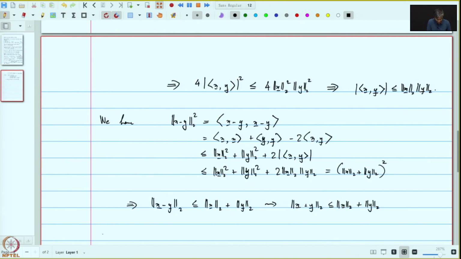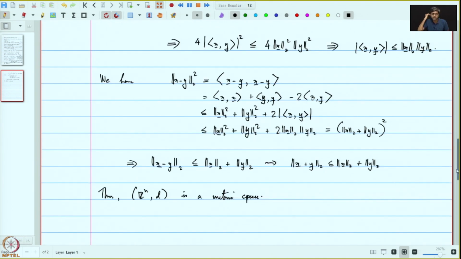So this shows that this Rn comma d is a metric space, right? So this proves the triangle inequality holds, and therefore this is a metric space. Okay. So this is the main example of a metric space.